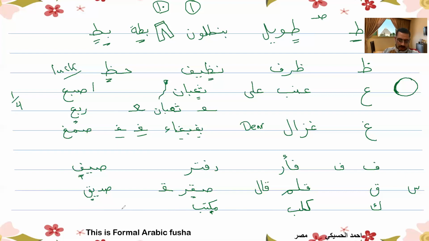And in the end position, as in fish, which means samak. This is one fish, and fishes, not fish, not fishes. This is an uncountable noun, as it is also in English, fish.